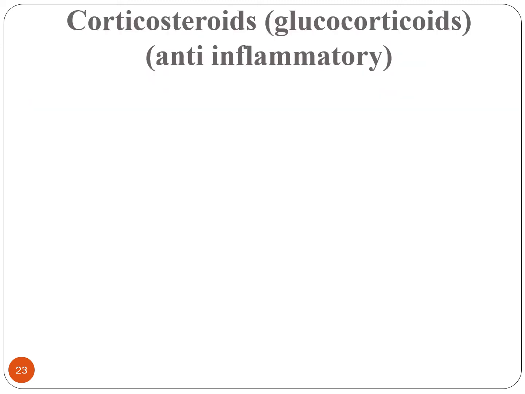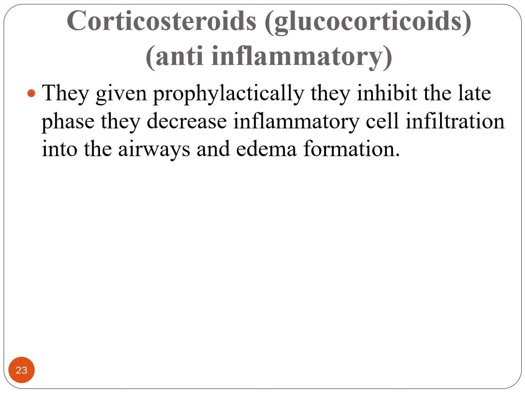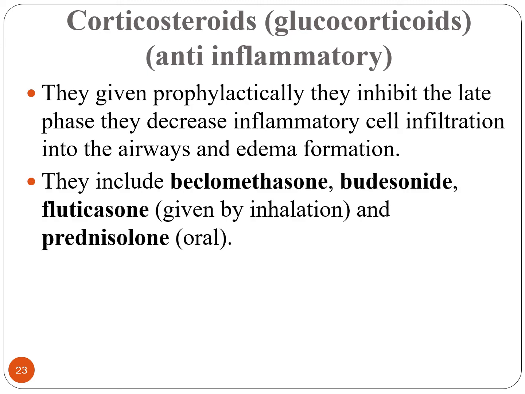Now we'll talk about the corticosteroids. Glucocorticoids are powerful and effective anti-inflammatory agents that can be given prophylactically. They inhibit the late phase, decrease inflammatory cell infiltration into the airways, and also inhibit edema formation. They include beclomethasone, budesonide, and fluticasone.